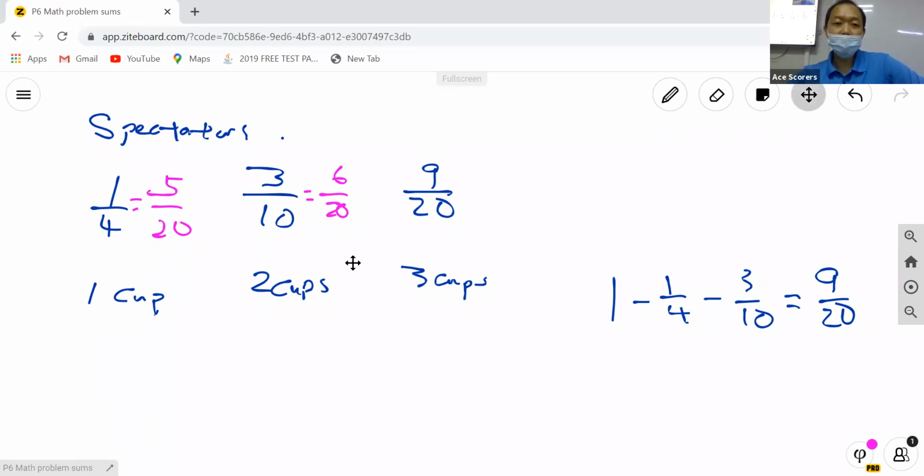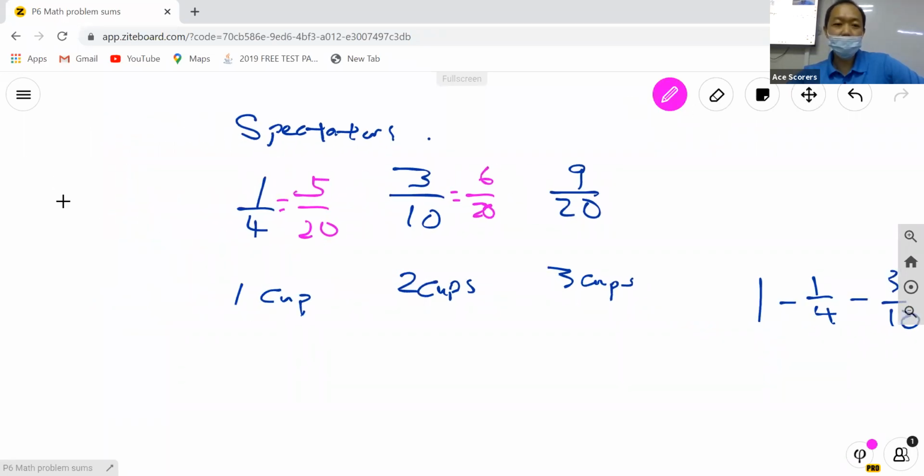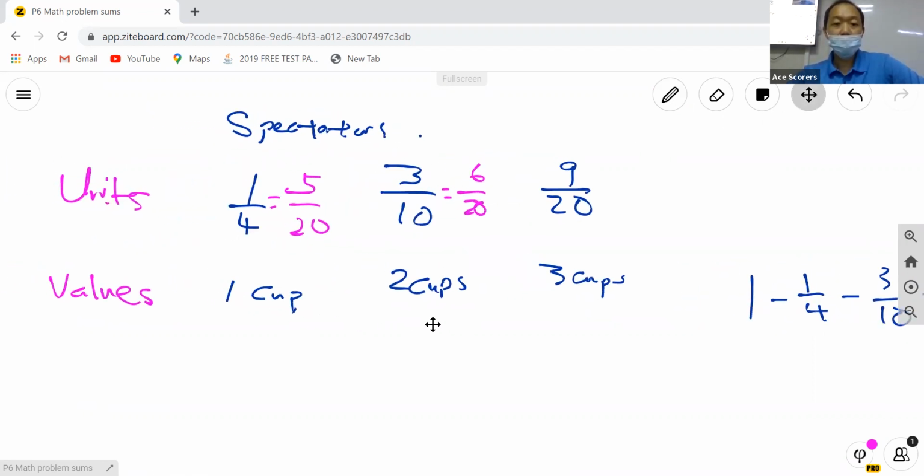Now, this chapter is called value and units. These are the units and these are the values. What do I mean by units and values? In terms of units, the ratio, 1 cup is 5, 2 cups is 6, and 3 cups is 9.